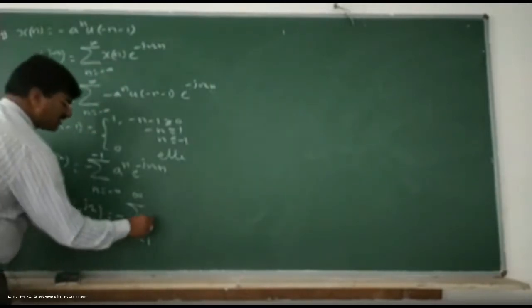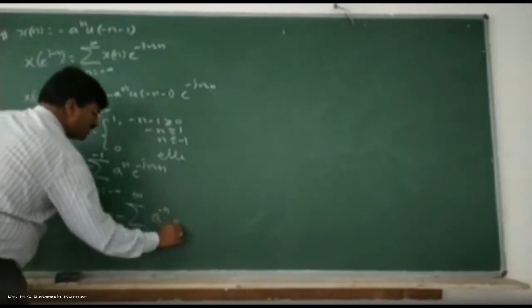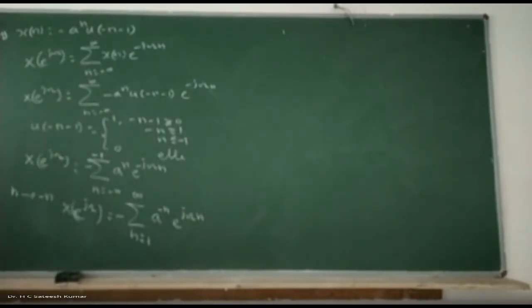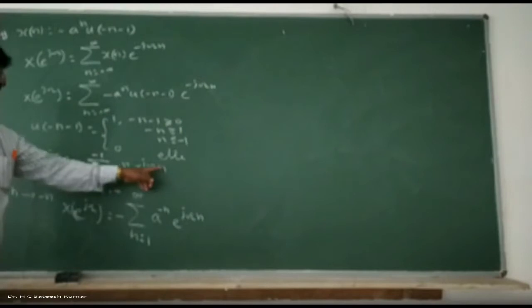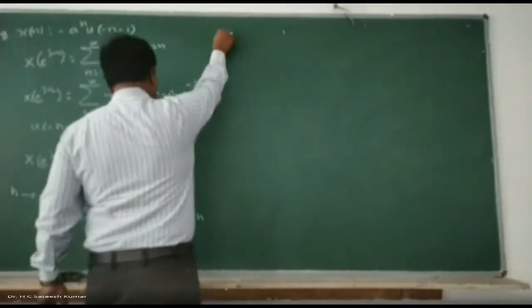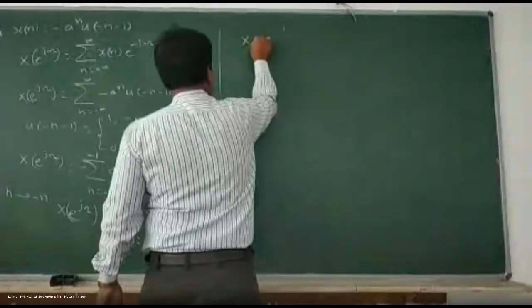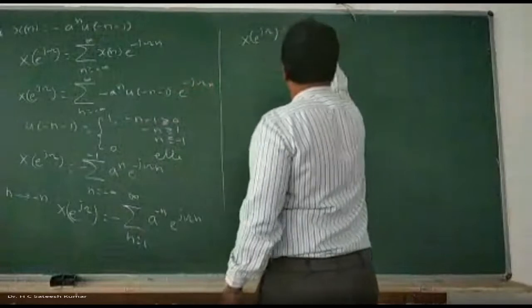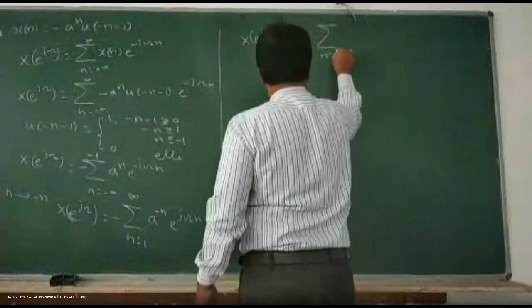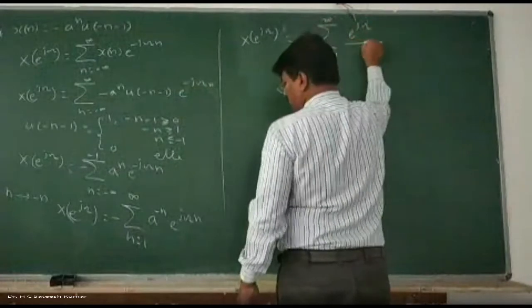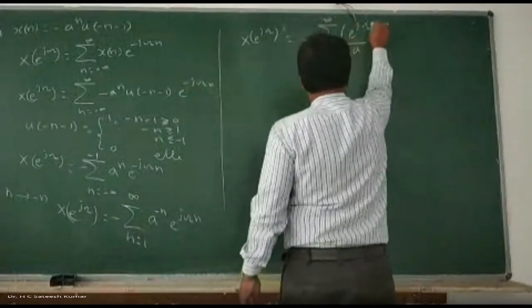Replace n by minus n means what? A power minus n into e to the power of j omega n. Wherever n is there, replace it by minus n, and this minus n will become plus n. Now, this can be written as x of e to the power of j omega is equal to minus summation n varies from 1 to infinity e to the power of j omega divided by a, power n.